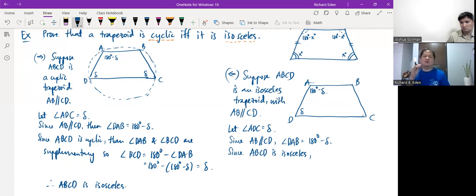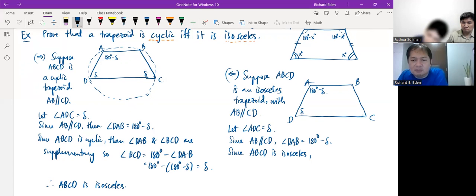So from where did angle B inherit its measure of 180 degrees minus delta? From either A or C, or D. If D is delta, why is B 180 minus delta?